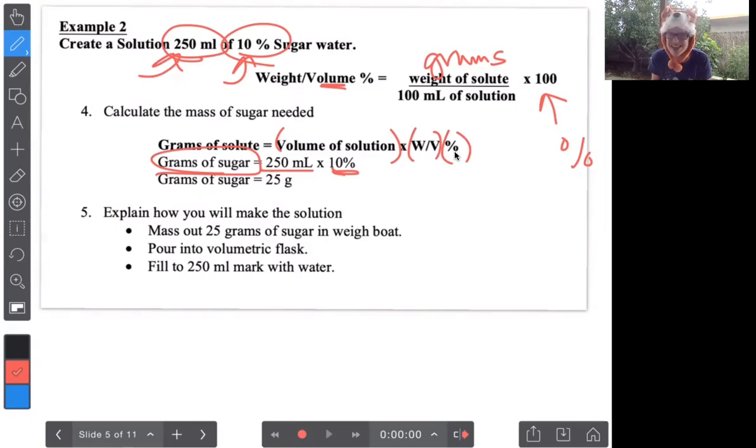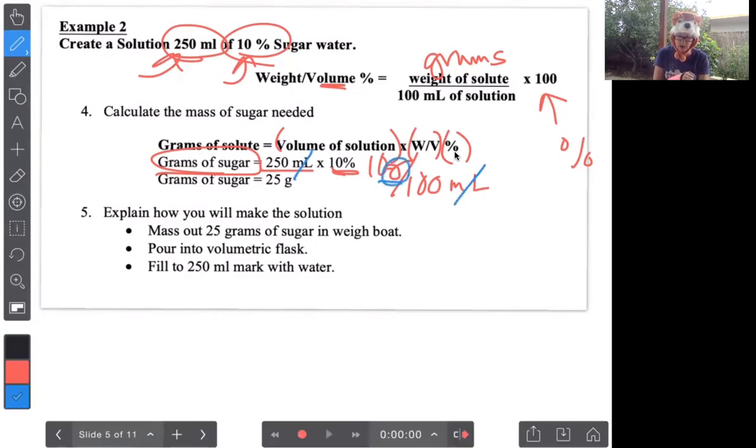And we guess that it's in grams. 10% we could also think of as grams per 100 mil. 10% would be 10 grams per 100 mil. And look what happens if you carry your units. Because 100 mils is on the bottom, we cancel these and we're left with grams.